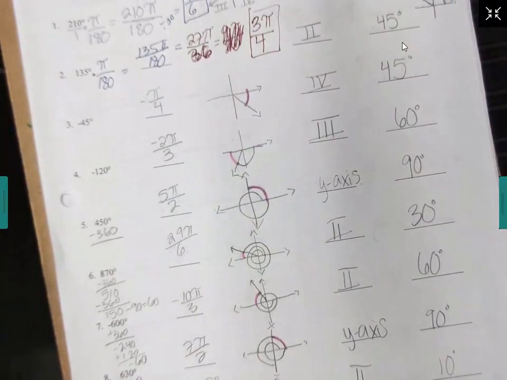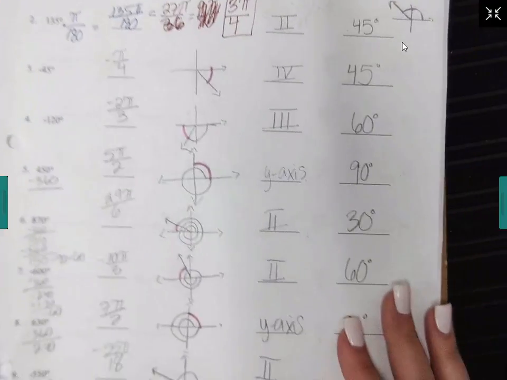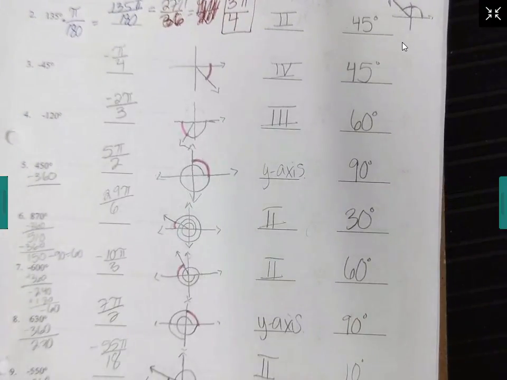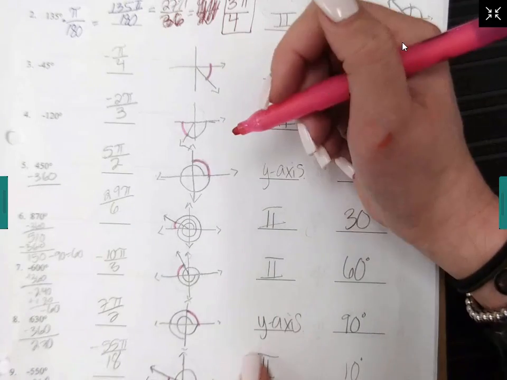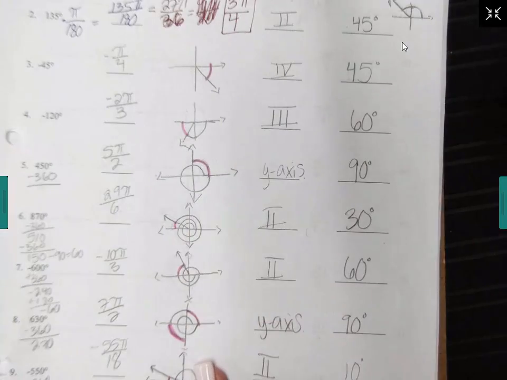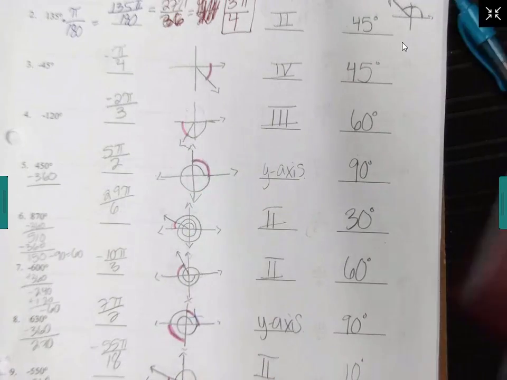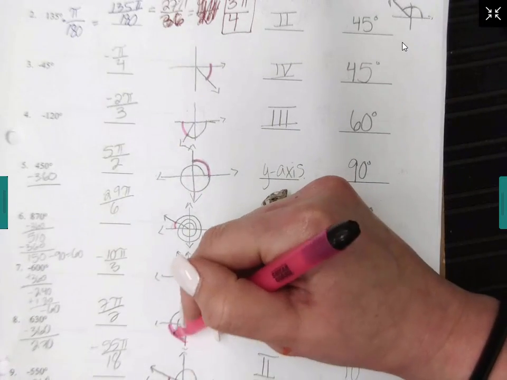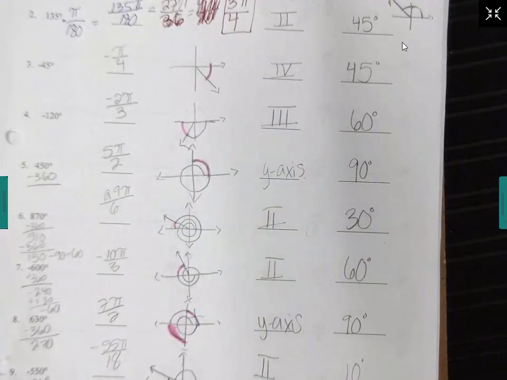Do you see how I highlighted all of our reference angles here? I'm sorry, this one I should have highlighted too, but it's the same thing, it's still 90. Because this is where we ended, but it's from here to here, that's the distance it is away from the x-axis.